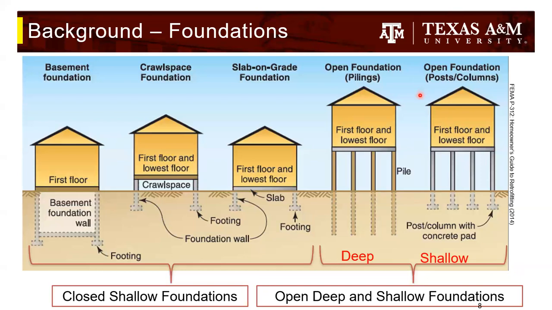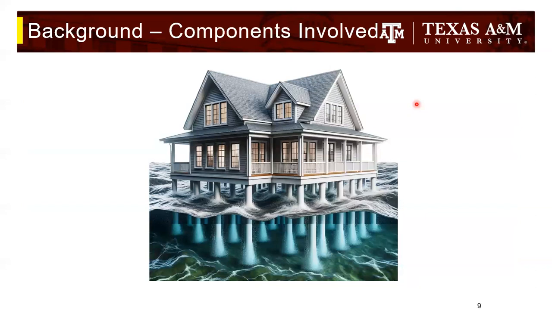Now, once we have understood the types of foundations that we are mostly looking at in the coastal ecosystem, let's move into understanding what are the components involved for our scope, the things which we can essentially look at that can damage the coastal foundation system.